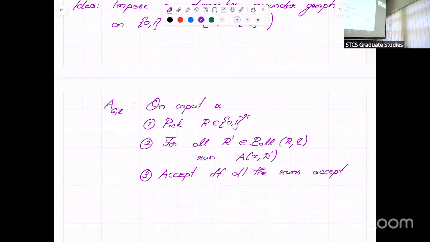Instead, you're picking a particular random point, which you think of as a vertex in the expander graph, and you run the algorithm not just on that vertex, but on all other random points at a distance of at most L away. The distance is according to the expander graph, and has nothing to do with the original problem.